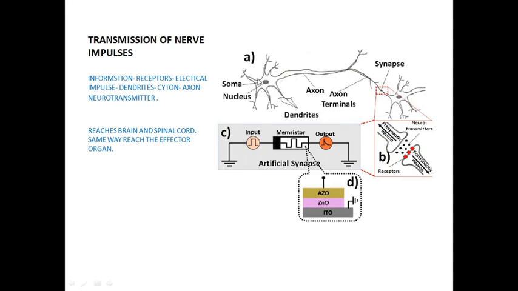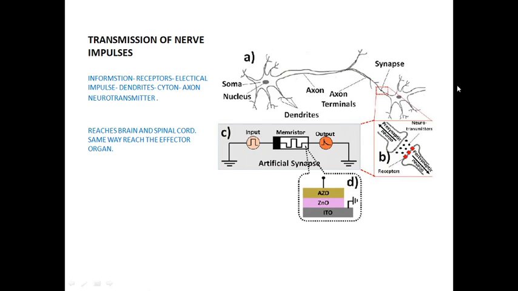The nerve impulse transfers from the sense organs to the dendrites, to the cyton, to the axon. In the terminal branch of the axon, synaptic knobs are present. The synaptic knob releases the neurotransmitter chemical called acetylcholine, and receives the electrical impulse and transfers it to the dendrons of another neuron. In the same way it reaches the brain and spinal cord.